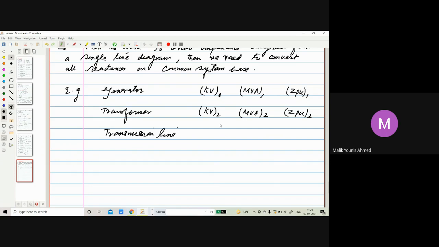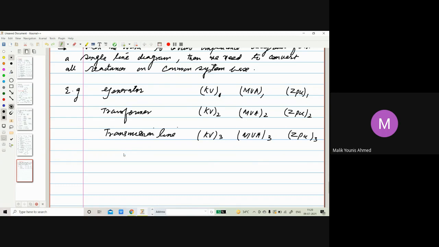In the case of the transmission line, again the voltage base and the apparent power base will be there, and I will be able to find the impedance in per unit.